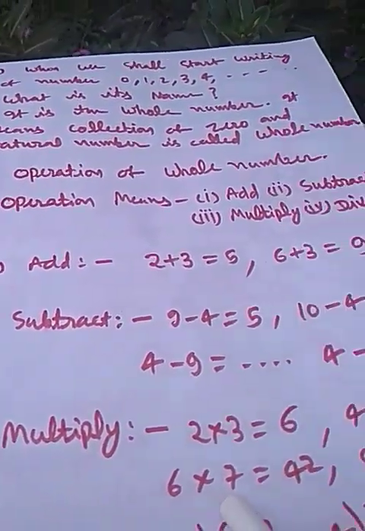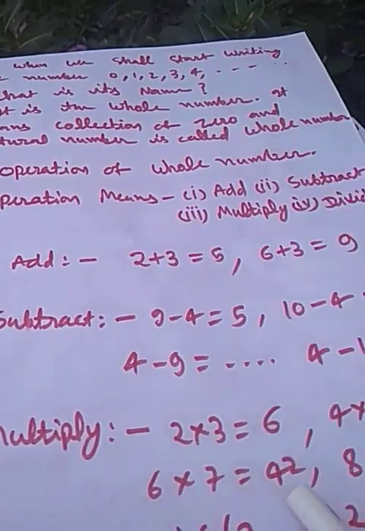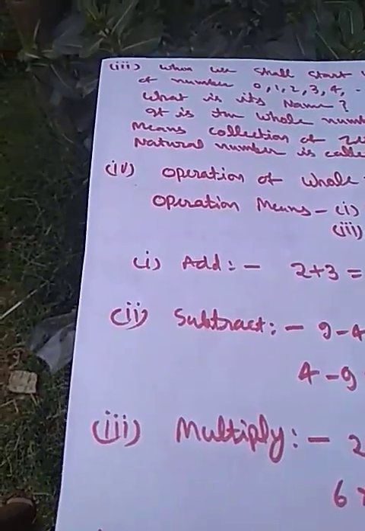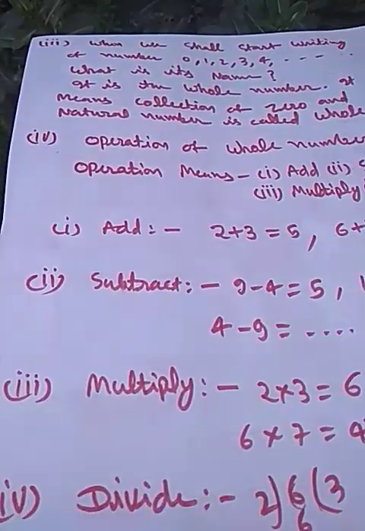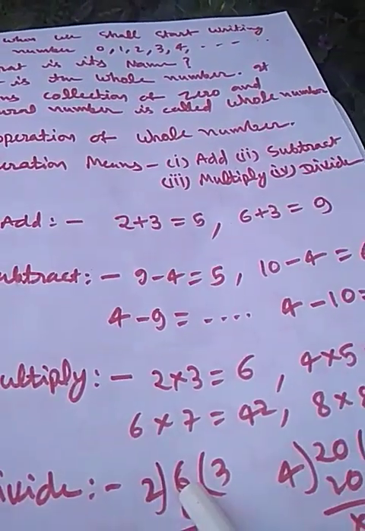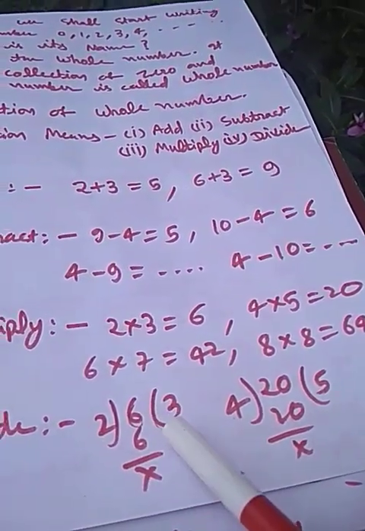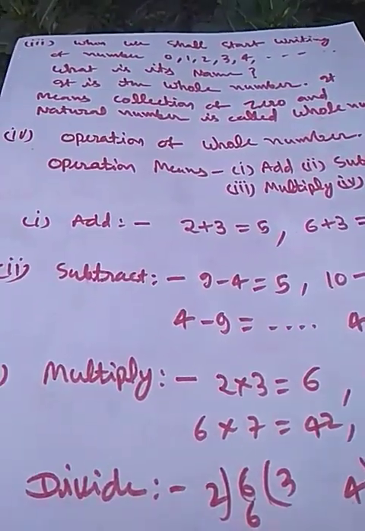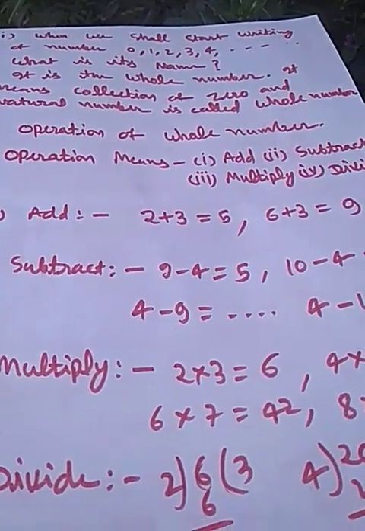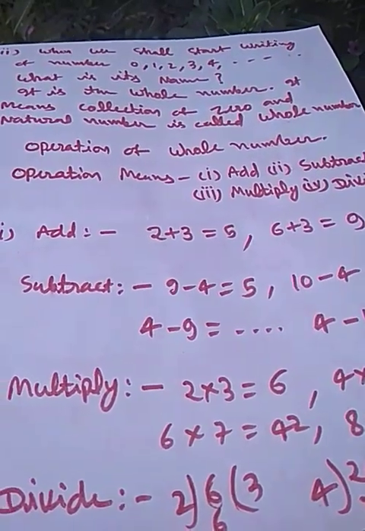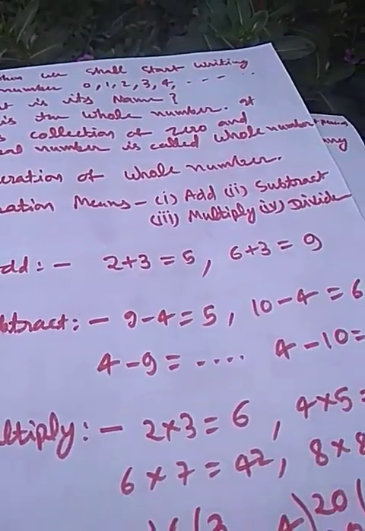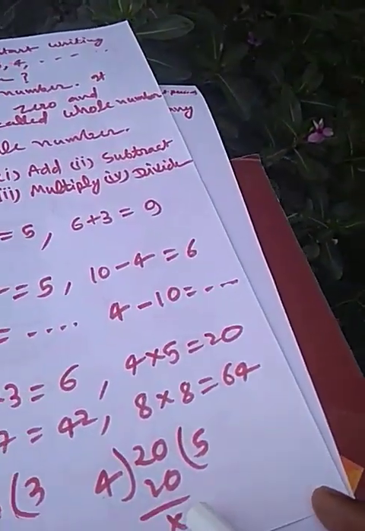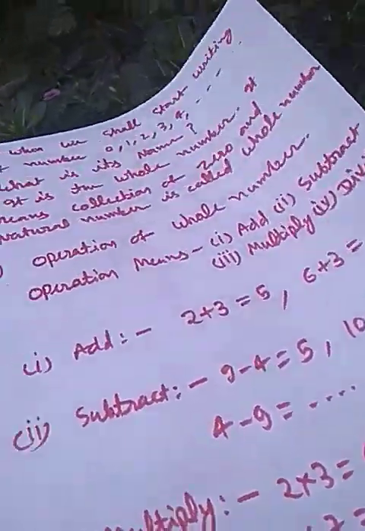Similarly we shall find out the product of two whole numbers is also a whole number. Next is divide. Suppose here 6 is divided by 2, the quotient will be 3, remainder will be 0, nothing means 0. Here 20 divided by 4, the quotient will be 5, remainder will be 0, nothing means 0.